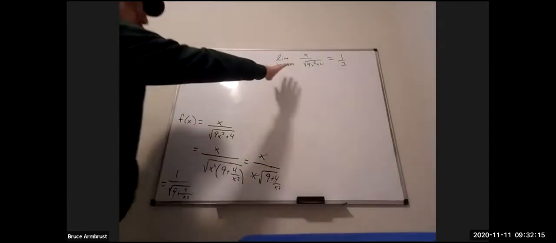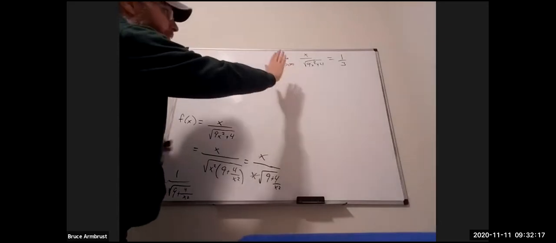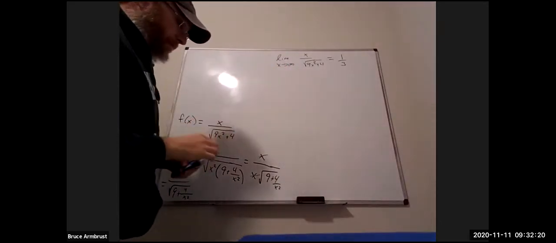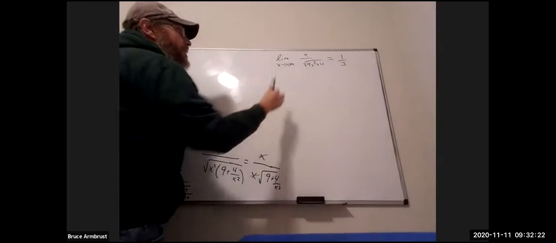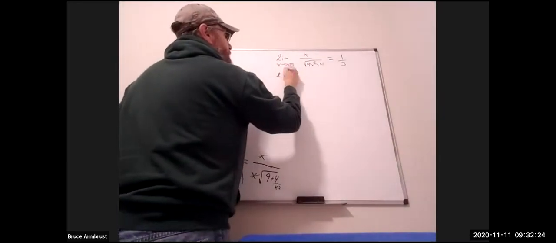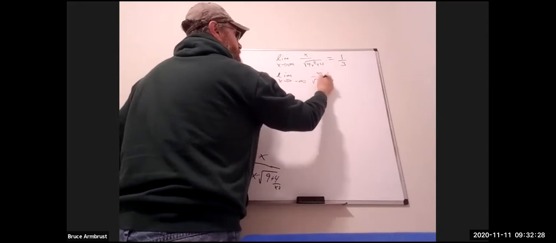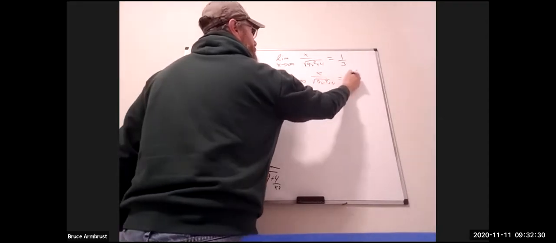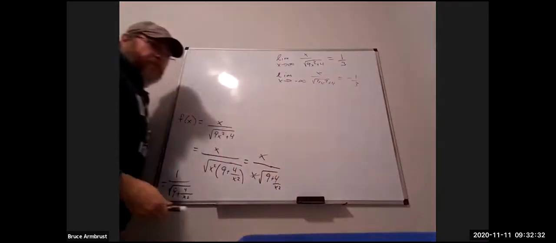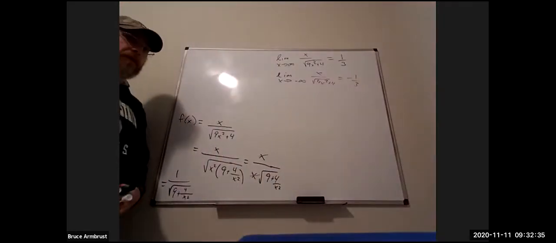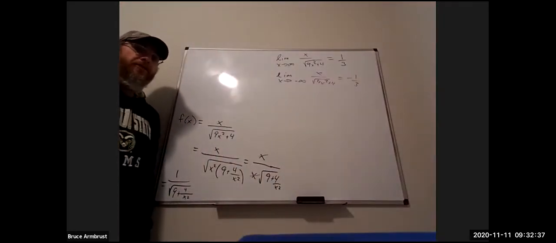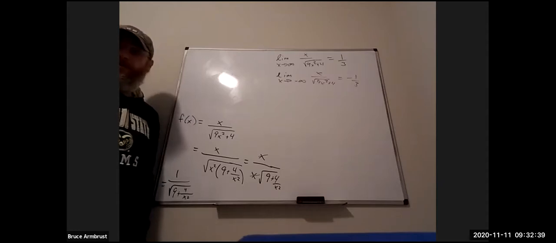Because what we wrote up here, that the limit is equal to 1/3, is 100% true. But by the graph, we saw that the limit as x goes to minus infinity of this was actually equal to minus 1/3. So this is a graph that actually has two different horizontal asymptotes depending upon which way we go.